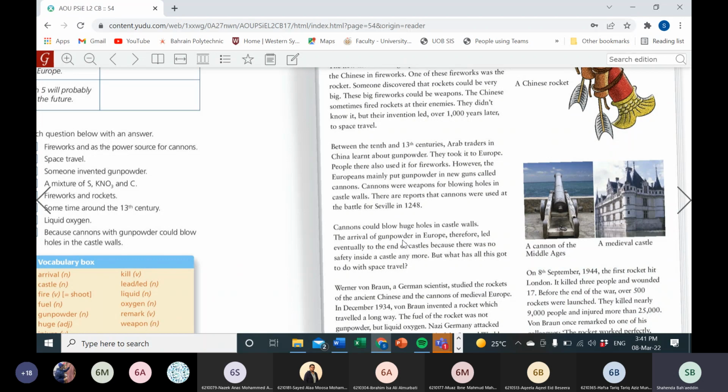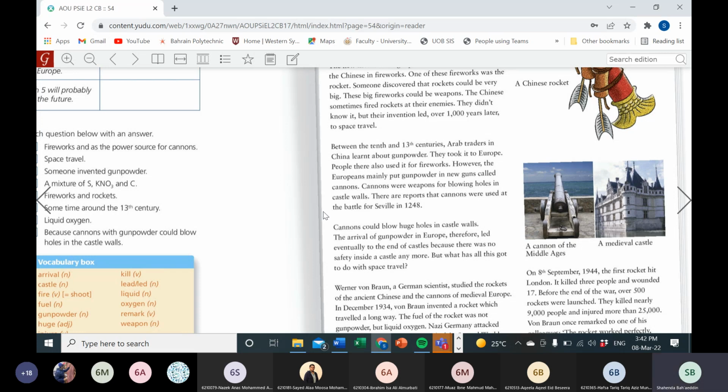The arrival of gunpowder in Europe therefore led eventually to the end of castles because there was no safety inside a castle anymore. But what has all this got to do with space travel? So is the whole paragraph about castles only? No. But it was about castles in relation to space travel.